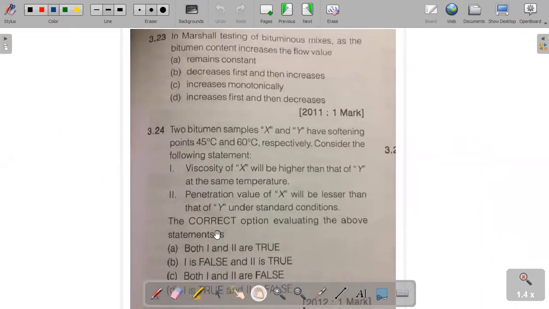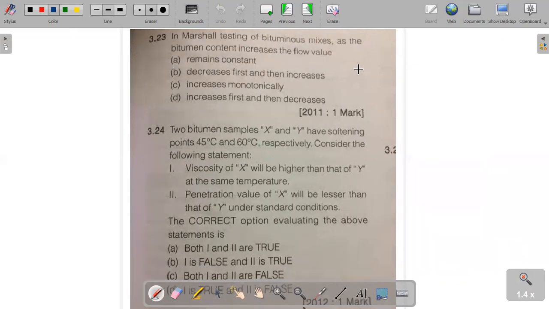This question is asked in GATE 2011. This is again a theoretical question: in Marshall testing of bituminous mixes, as the bitumen content increases, the flow value, as bituminous content increases.